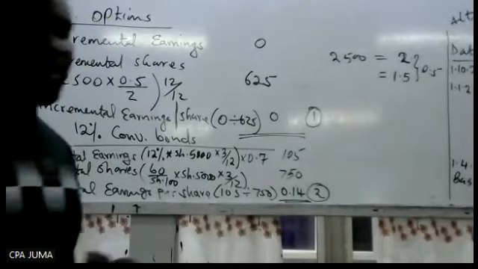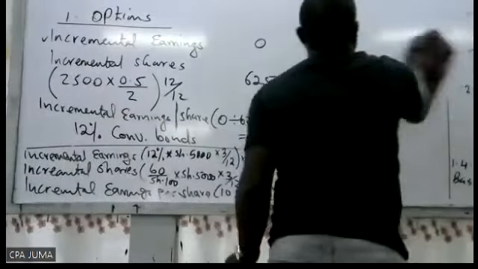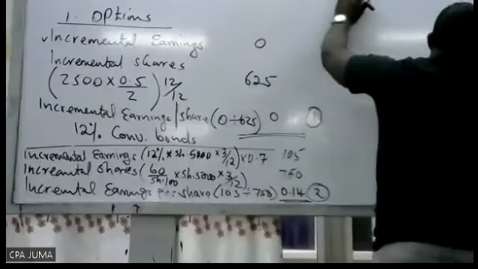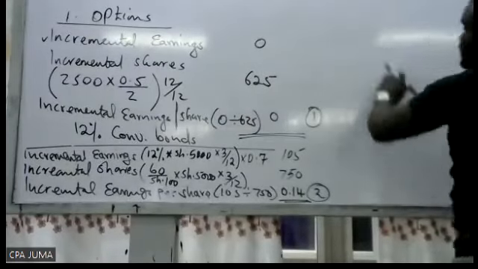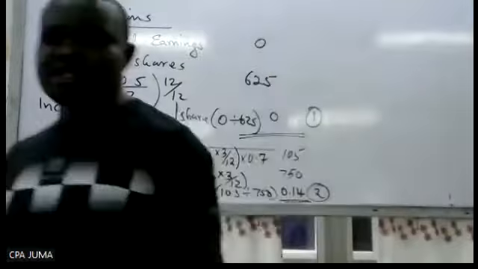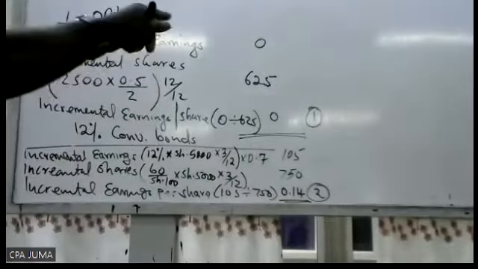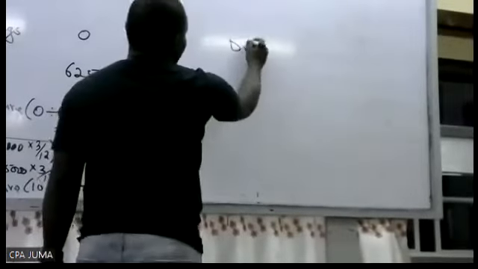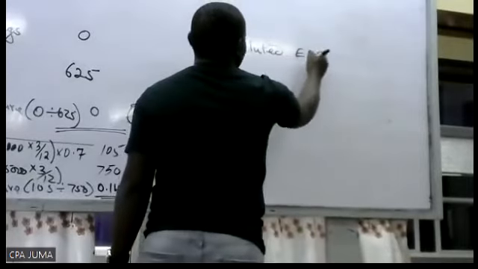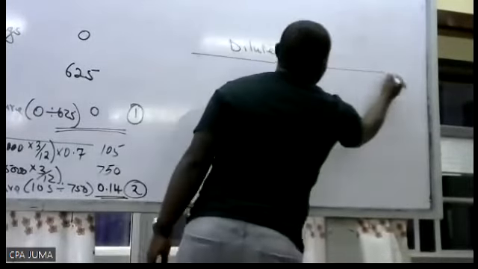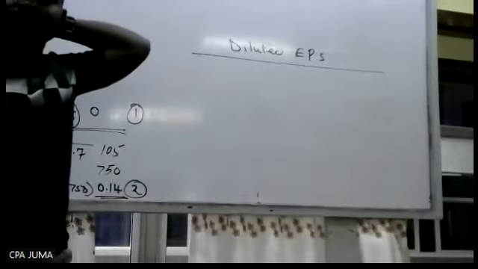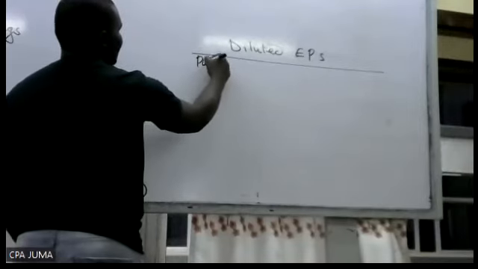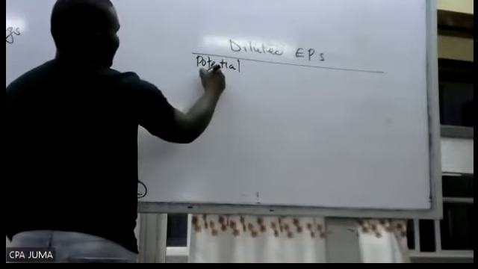Step number 3, what did we say? Determine EPS based on the rank in step 2 above. Now let's calculate diluted earnings per share based on these ranks. So write for me here: potential ordinary.